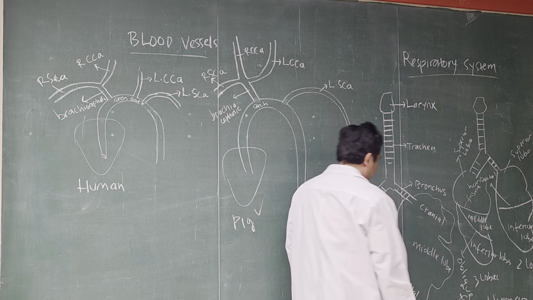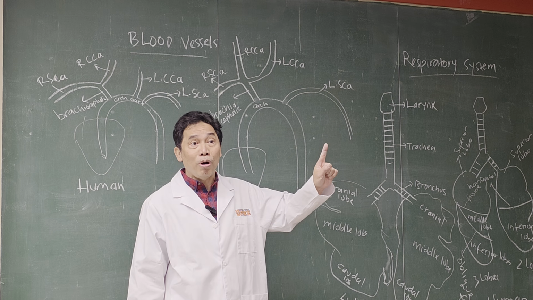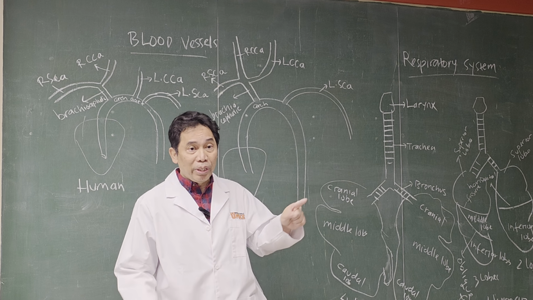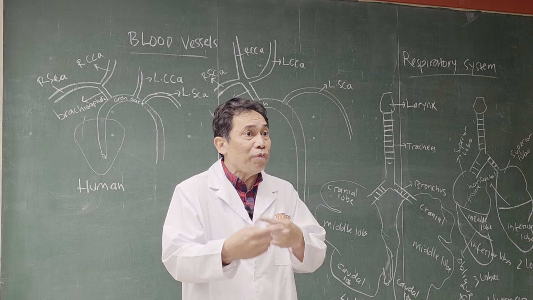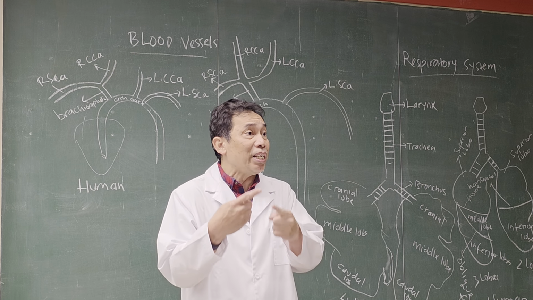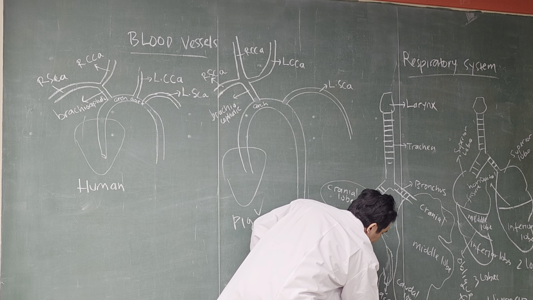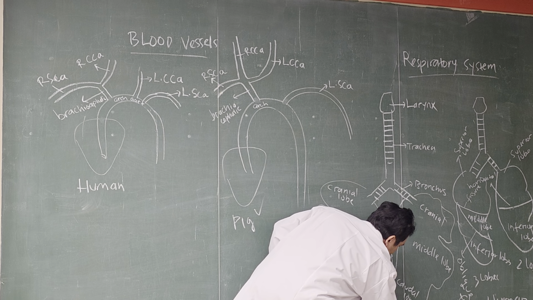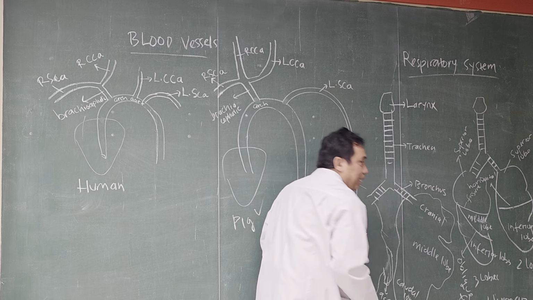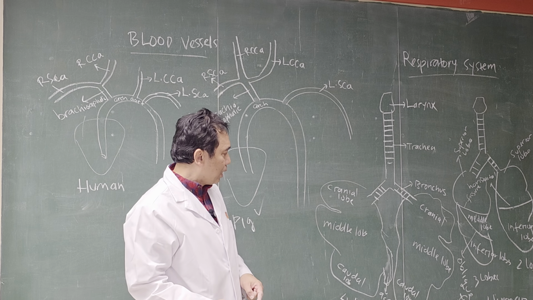On the right side, it has one extra lobe, very, very small at the bottom. When you dissect the pigs, make sure to try to find that very small lobe. It's called the accessory lobe. Look for that one. Look for the accessory lobe.